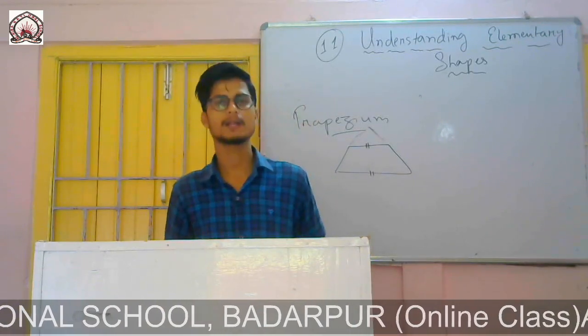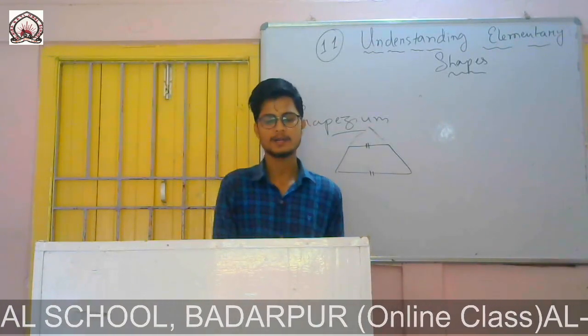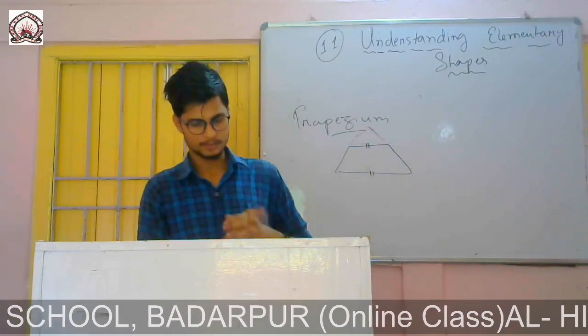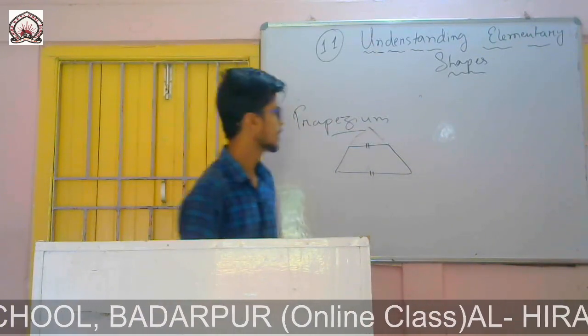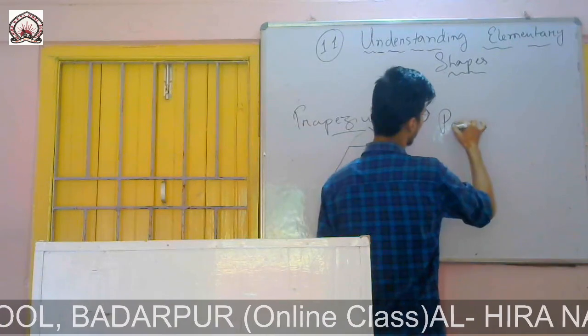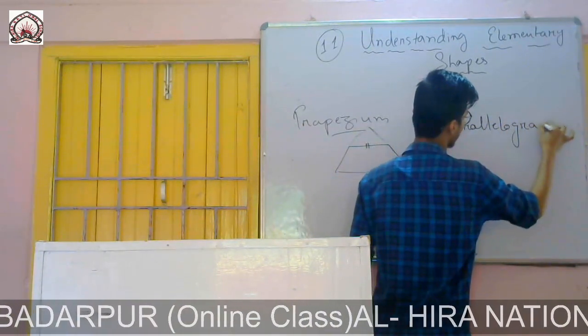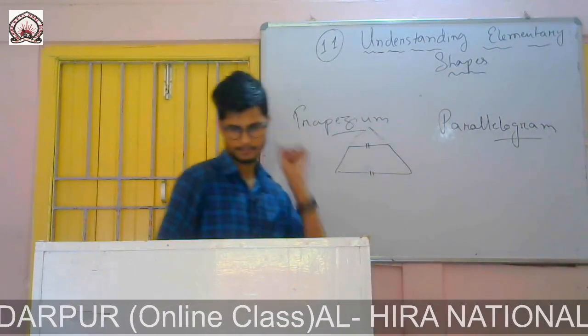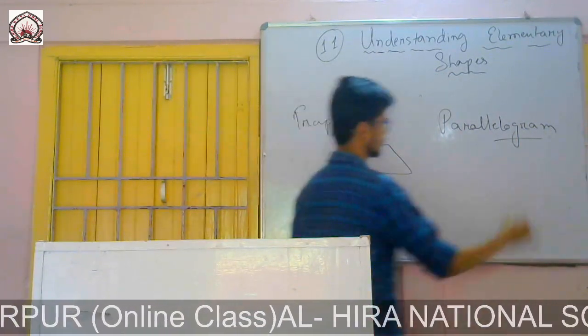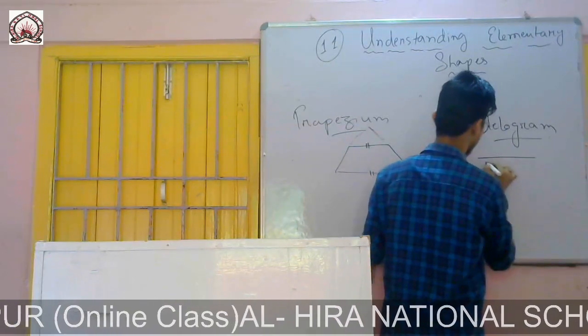Then comes the parallelogram. It is a quadrilateral with both pairs of opposite sides parallel. If I draw the diagram, it will be like this.